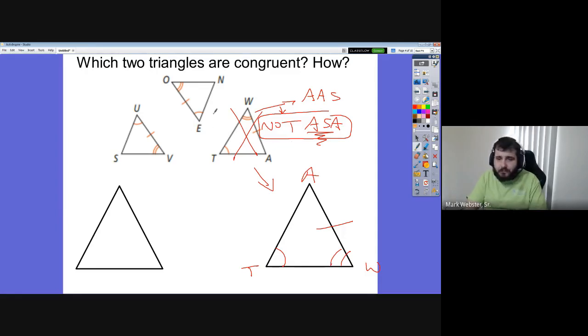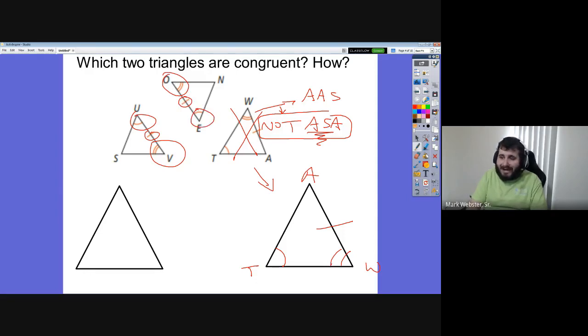We're going to talk in a few minutes about angle angle side, but I don't want to deal with angle angle side right now. I want angle side angle. See how these are both angle side angle? They're all in a row like this.